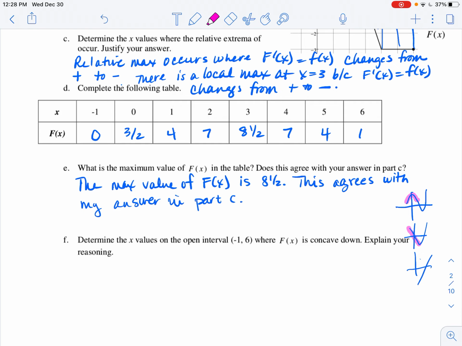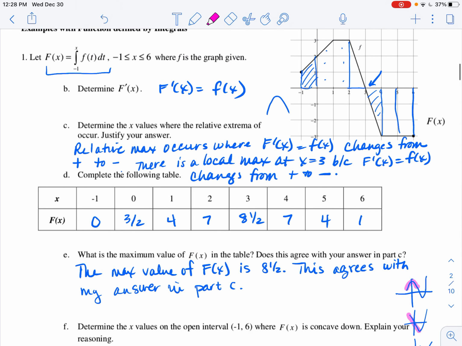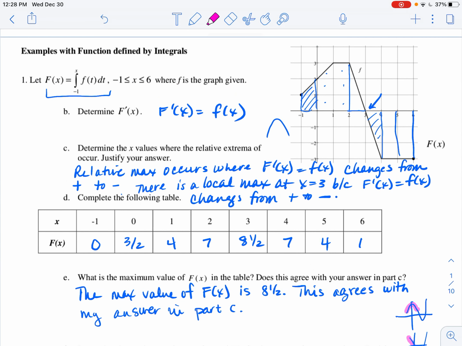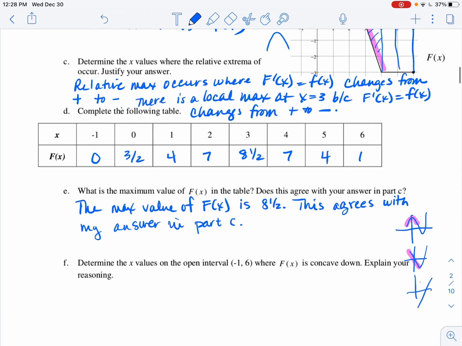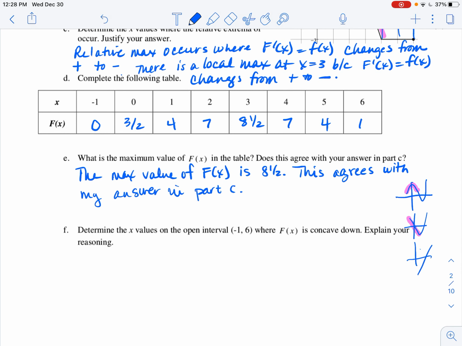first derivative is decreasing. So if I'm looking at f of x, where my first derivative is decreasing, that is going to be all of this right here. And so I can see that between 2 and 4, my function is concave down.